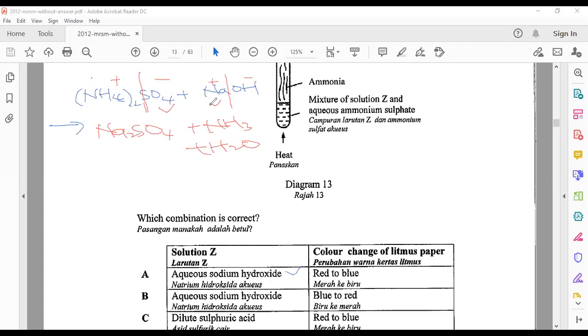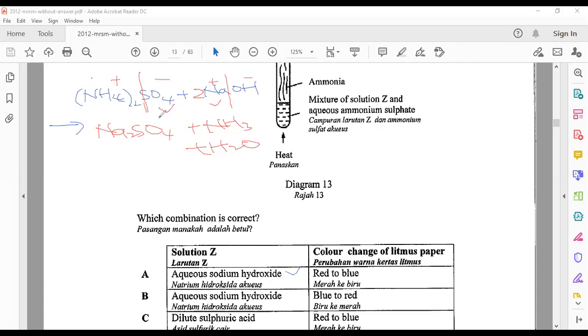Okay, you have actually learned about this. Please balance the equation later, after the lesson. You learned this last year in Form 4 chapter 7, acid and alkali, where the alkali can react with any ammonium salt.